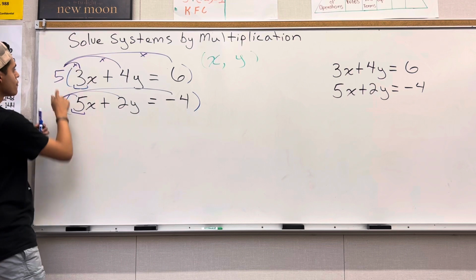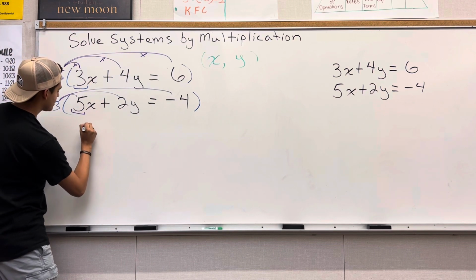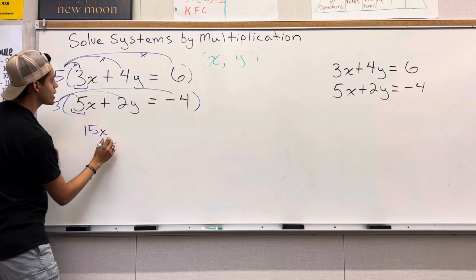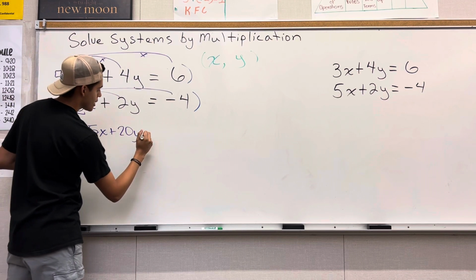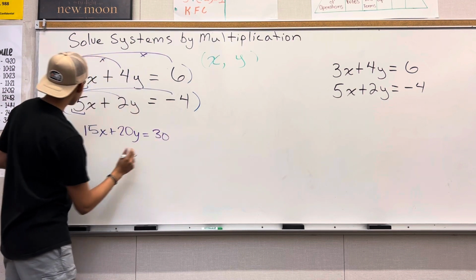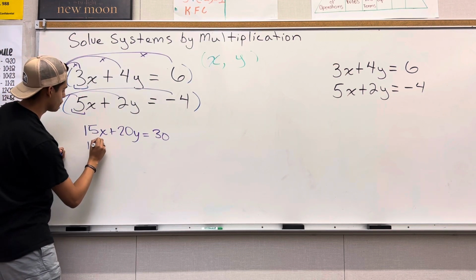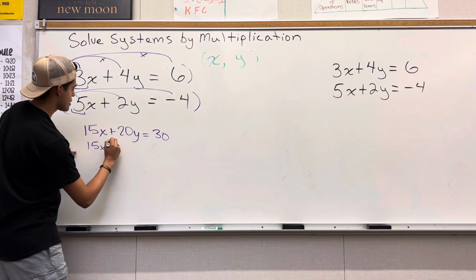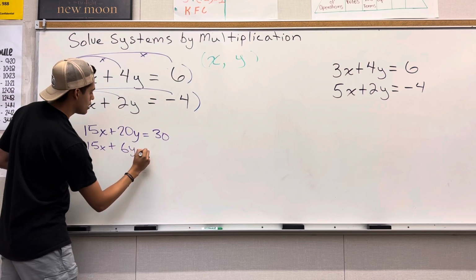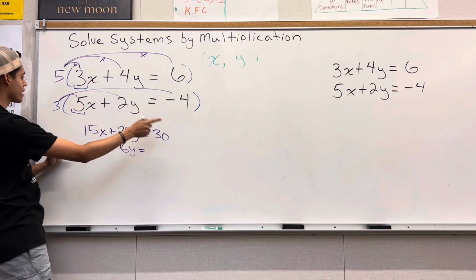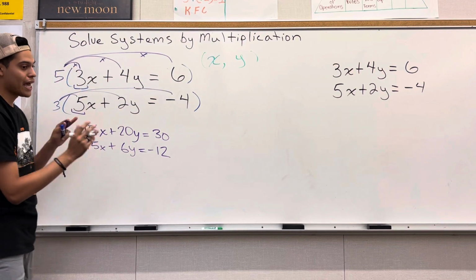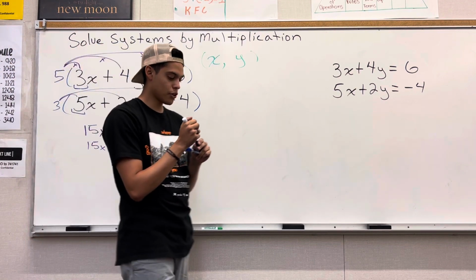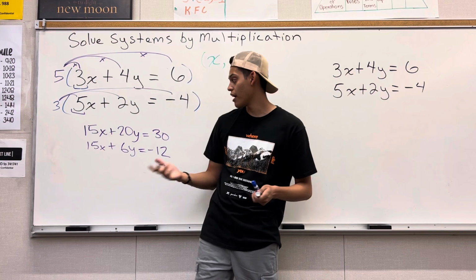We get 15x, since 5 times 3x gives 15x, plus 20y, and 5 times 6 gives you 30. Then 3 times 5x gives you 15x, plus 6y equals, don't forget about the negative, negative 4 times 3, negative 12. Now this problem looks very similar to the addition and subtraction that we have been doing.